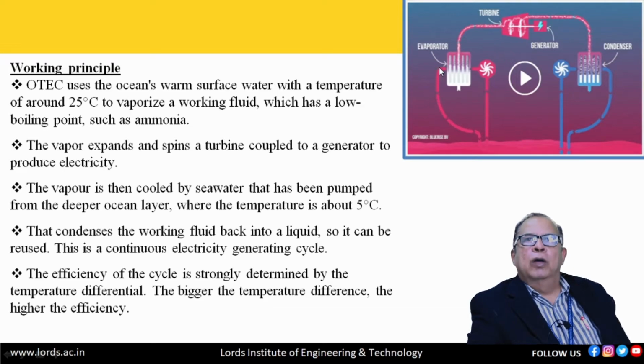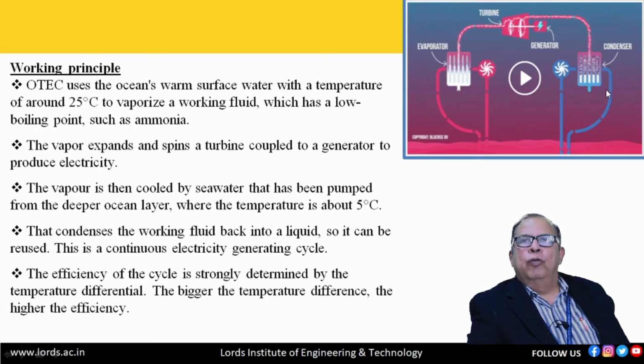Using that warm water we vaporize the ammonia, and then once this ammonia is sent to the condenser, what happens? We use the cool water from the deep sea, because the temperature of the seawater below 500 to 600 meters will be around 5 degrees centigrade.